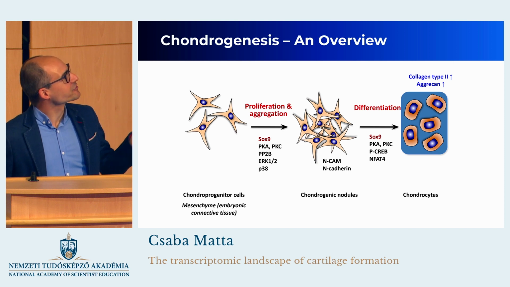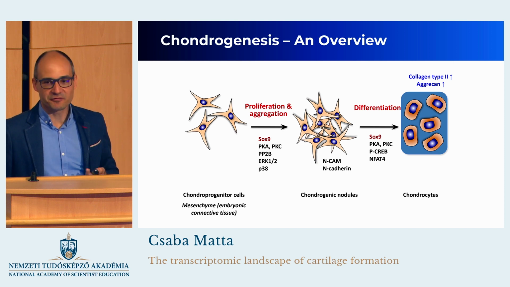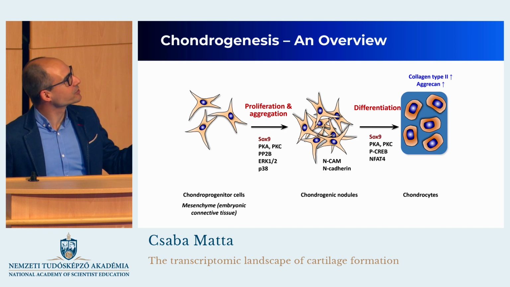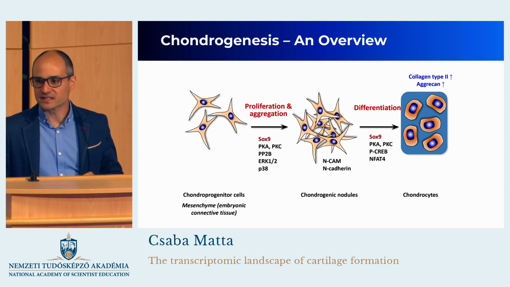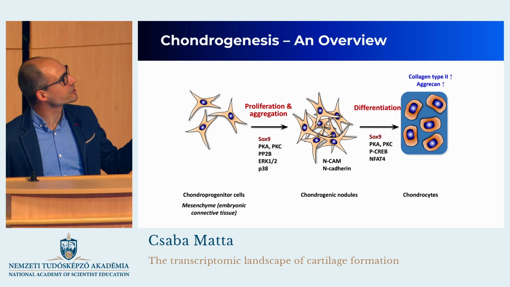But as a result of certain secreted factors and intracellular proteins and their interactions, something starts to happen with these cells. They proliferate, so they increase in number, and they get closer to one another, forming little nodules.